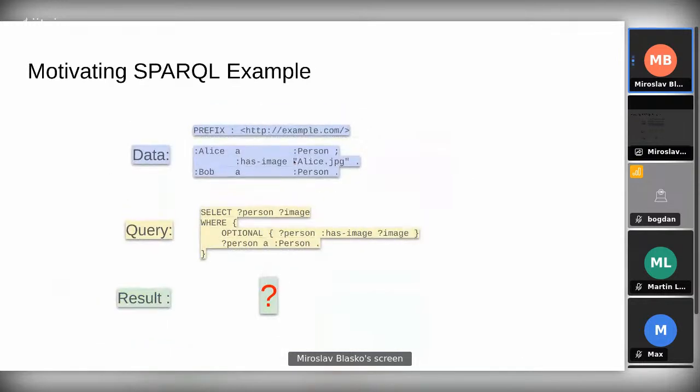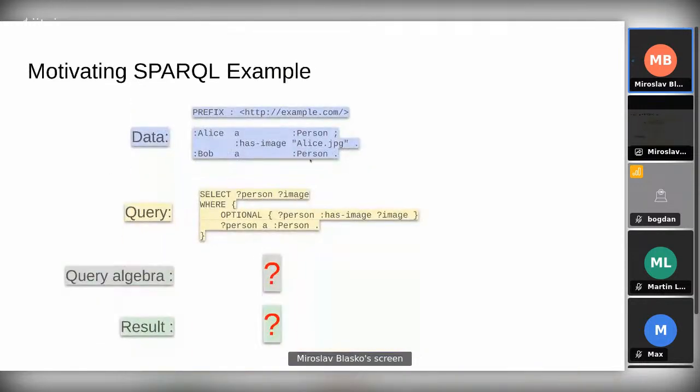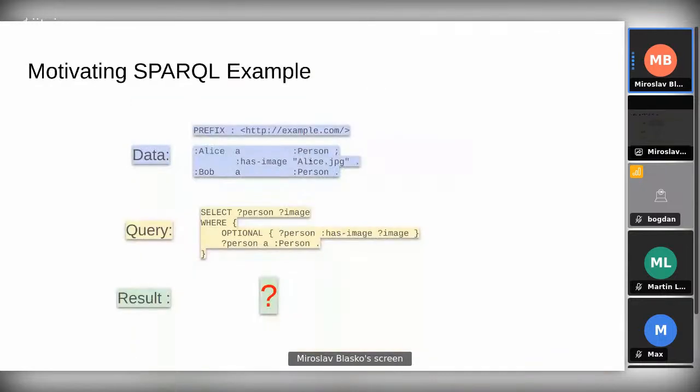I would like to create a smaller example as motivation. So let's say we have data: Alice is a person, has an image, and Bob is a person. And we would like to evaluate only such a simple query as you can see there.